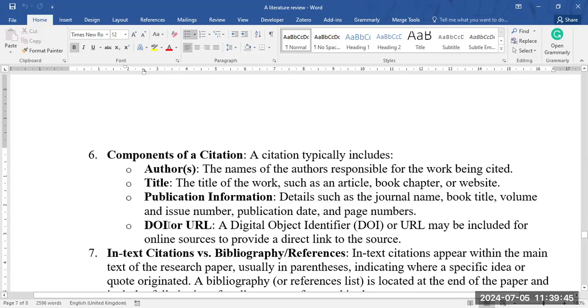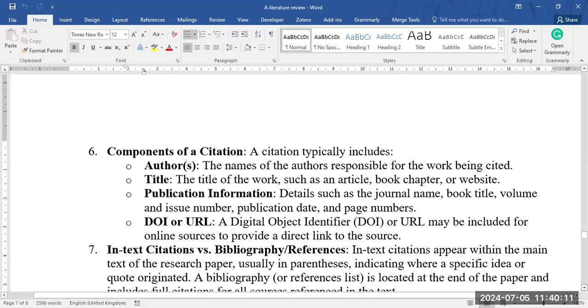DOI, digital object identifier, or URL, that nowadays may be included for online sources to provide a direct link to the source, because now most of the research work is available online. So some researchers try to publish the work, and the publishers expect them to include the DOI in the bibliography.